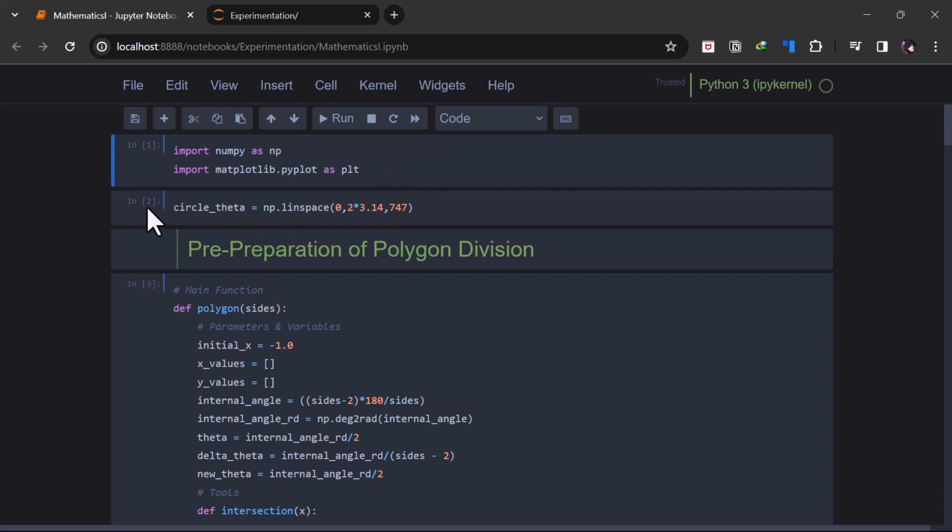Now in this particular line, what I'm doing is I'm using the linspace function. The linspace function gives you a set of values in an interval.